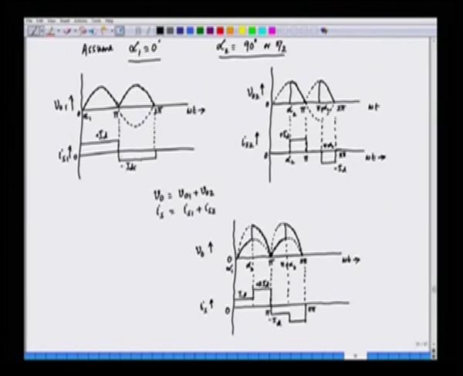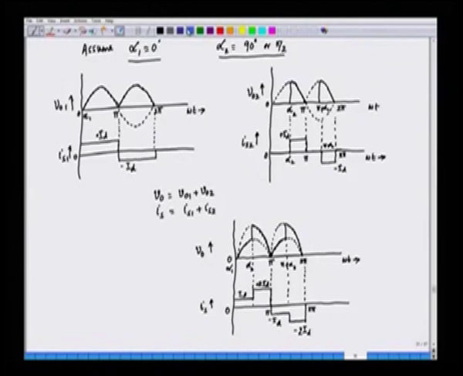Here we have ID or IDC, and this is plus 2 ID, minus 2 ID. So, this is the nature of the current.